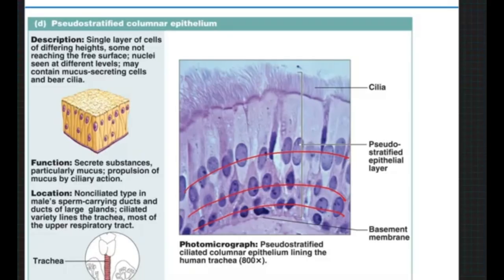Make sense? Okay. The surface of pseudostratified columnar epithelium usually has cilia to move mucus. So function, secretion, and propulsion of mucus. You see, they do not absorb.